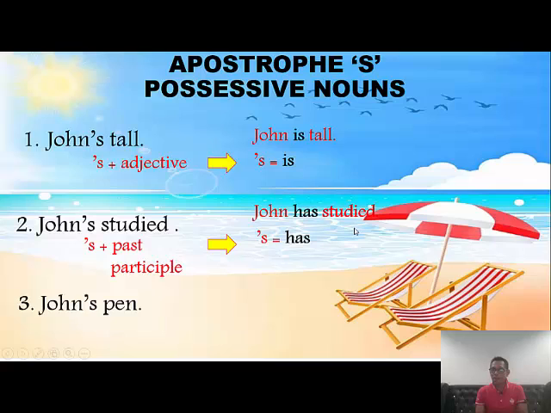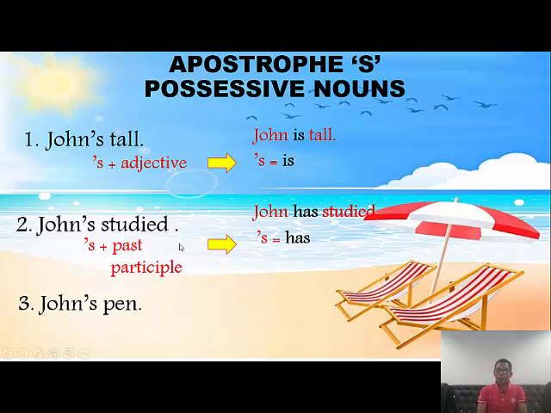When you add this "has", it becomes present perfect tense. So to make it short, it is the short way to say "John has studied". So you say "John's studied". It is not apostrophe as possessive nouns.